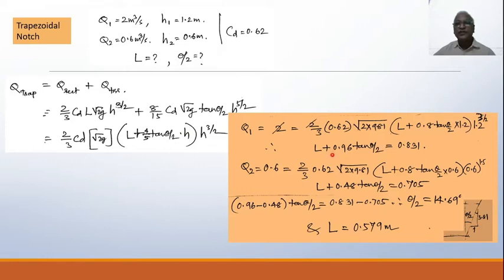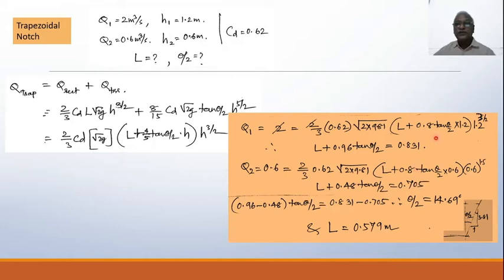So this simplifies to L plus 0.96 tan theta by 2 equal to 0.831 if you solve. Now the other data, if I substitute, it will be 0.6, 2 by 3 CD root 2 g, L plus 0.8 tan theta by 2, H is 0.6, 0.6 raised to 3 by 2. So I end up with this equation.